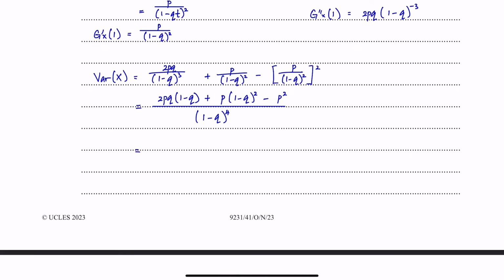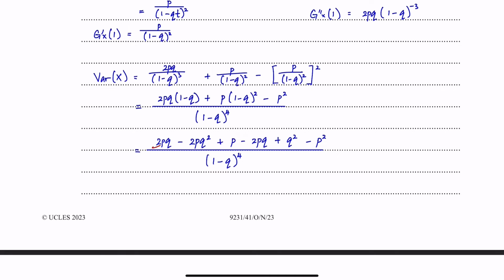And we can simplify the numerator. We have 2pq minus 2pq squared plus p minus 2pq plus q squared minus p squared over 1 minus q to the 4.